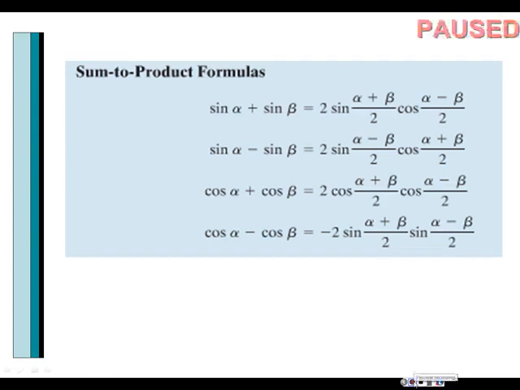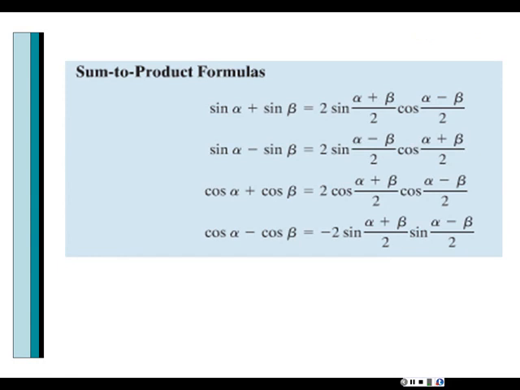Anyone has any problem with the question? Because the alpha and beta are like 4x and 2x, you just directly know the alphas and betas, and when you apply it, see what you get. So here the alpha is 4x and then beta is 2x.